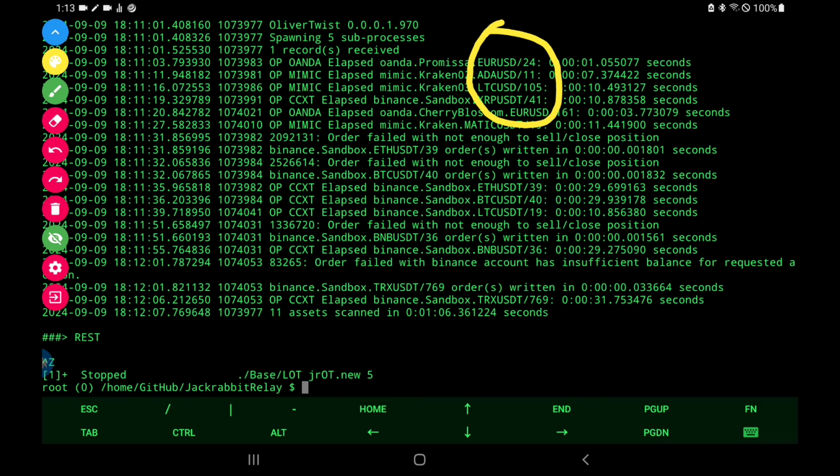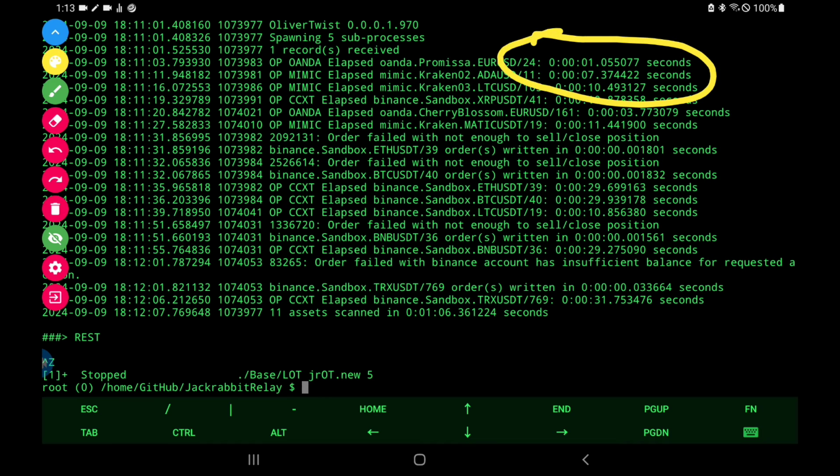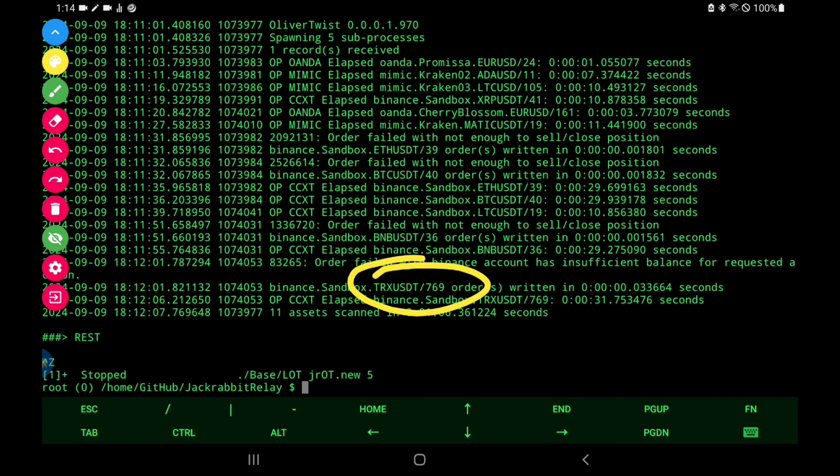And we can also see how long each pair actually takes for processing versus looking at the way the traditional or previous versions ran. And for the purposes of an extreme example, and I emphasize extreme, we have 769 orders.